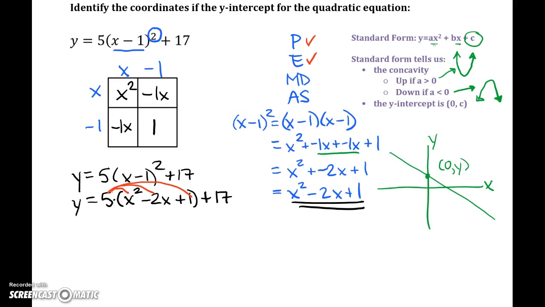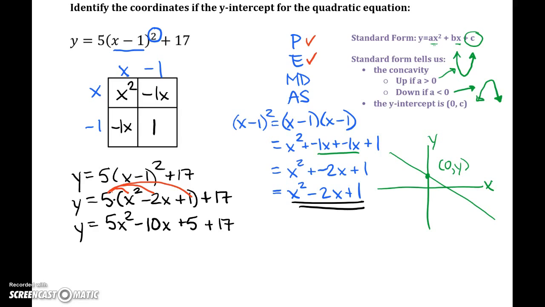When we do that, we get 5 times x squared is 5x squared. 5 times negative 2x is negative 10x, or minus 10x. And 5 times 1 is 5. Now we still have that plus 17 on the end, so we're just going to rewrite it.